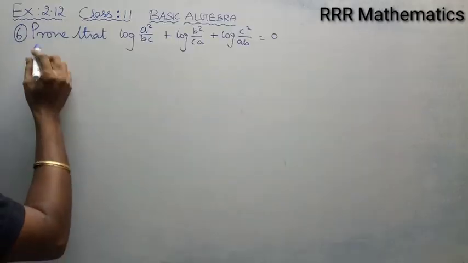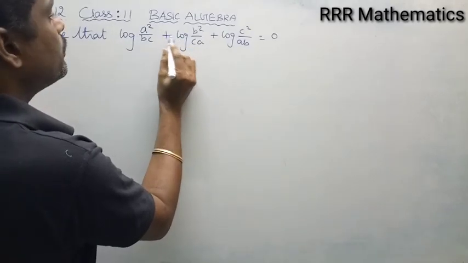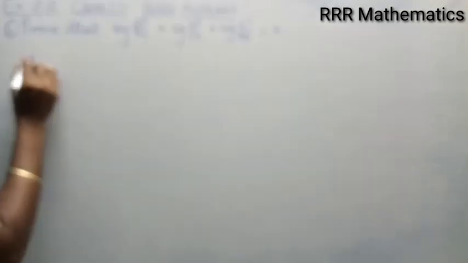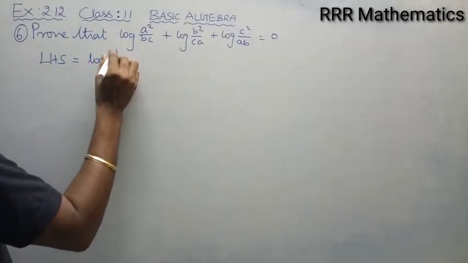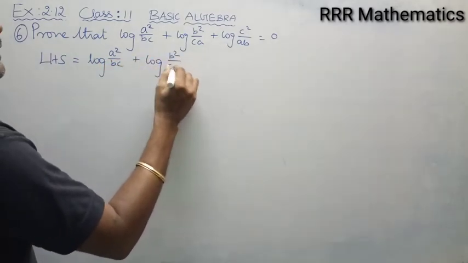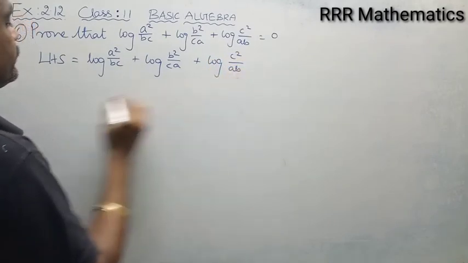Now the sixth problem. Prove that log of a square by bc plus log of b square by ca plus log of c square by ab equals 0. I will take my left hand side, which is log a square by bc plus log b square by ca plus log c square by ab.